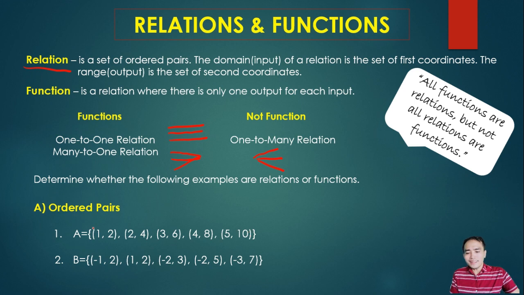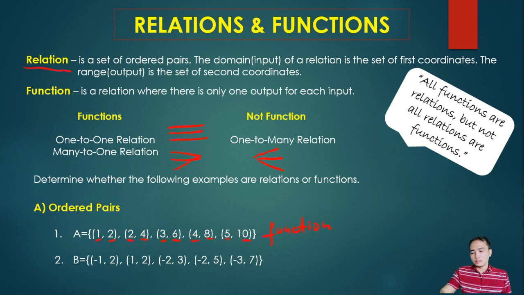By looking at the x values pa lang class, we can determine if this given example is a function or not. Kapag magkaiba yung ating x values, ibig sabihin, function siya. And this is an example of one-to-one relation. Kasi nga, magkaiba din yung ating y values. We have 2, 4, 6, 8, and 10. So that is one-to-one relation in specific. Therefore, this is a function.